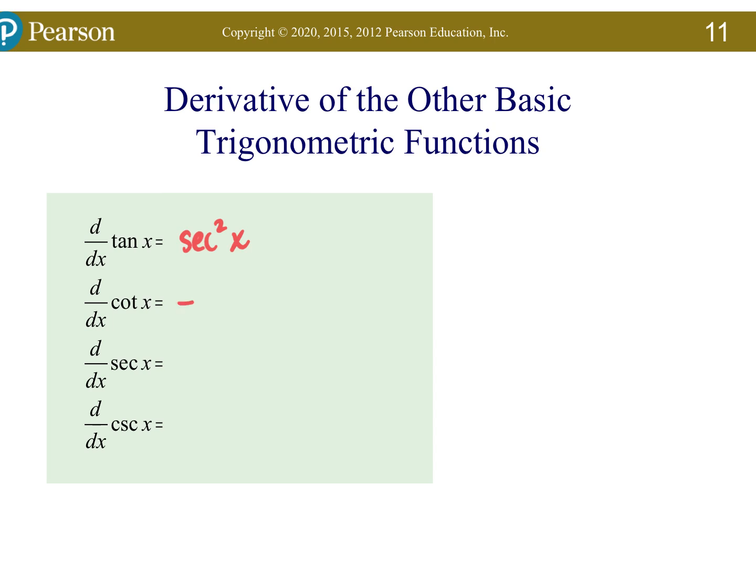If tangent matches up with secant squared, then cotangent matches up with cosecant squared. One of them is secant squared, one of them is cosecant squared. So cotangent goes with cosecant squared, and it has a negative as its sign.